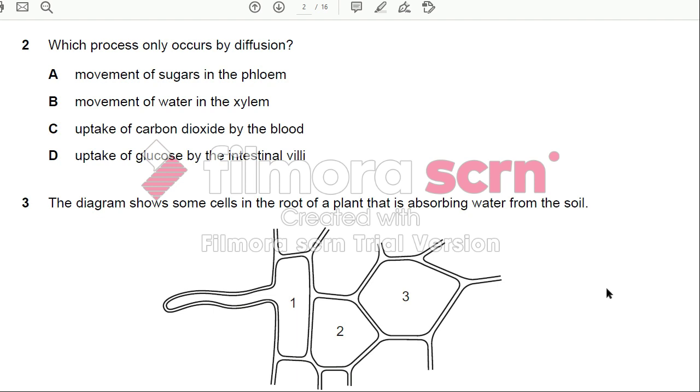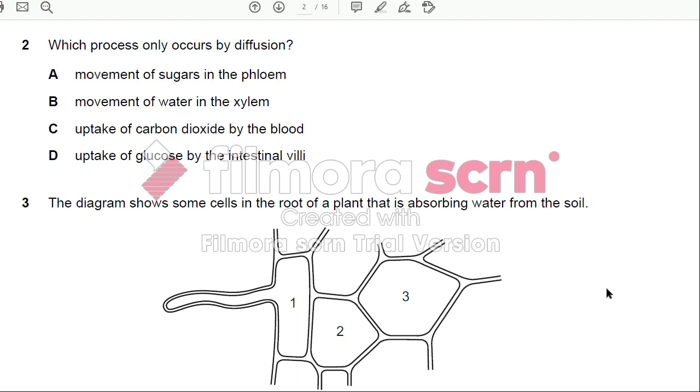Option B, movement of water in the xylem. Obviously over here the process of osmosis will be involved, but actually in xylem some forces are involved, like transpirational pull, and in root hairs it will be osmosis. Option C, uptake of carbon dioxide by the blood.